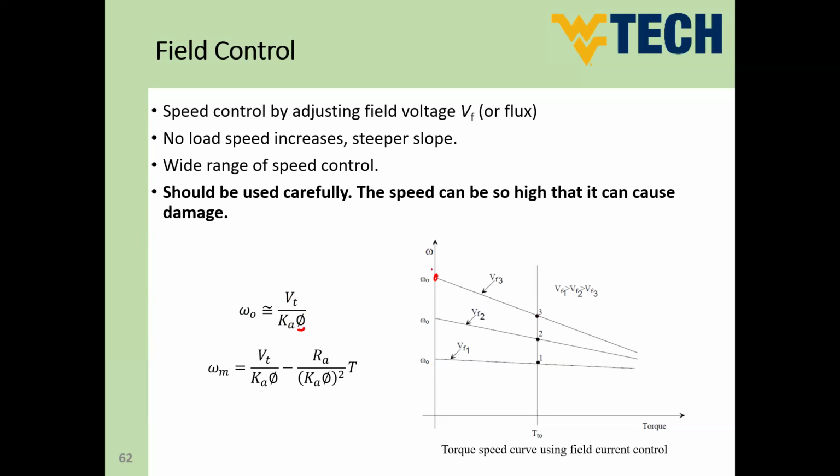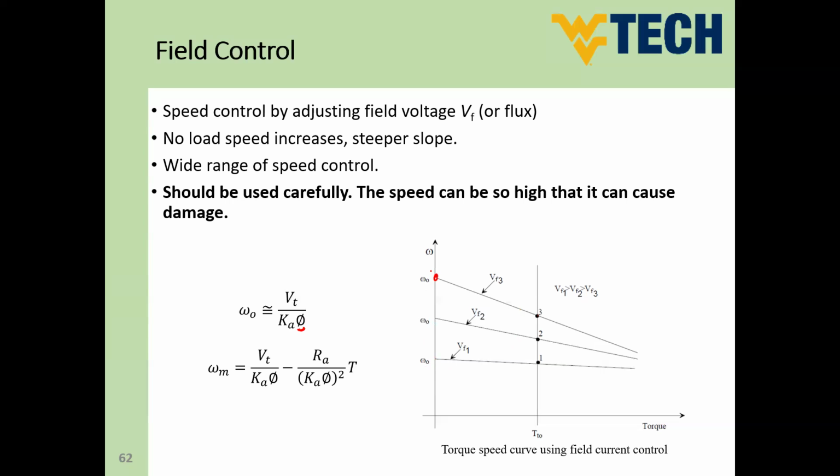So let's say this is curve number 1, curve number 2, curve number 3. So omega naught number 1 is less than omega naught number 3, which means the flux at omega naught number 3 is less than the flux at omega naught number 1.